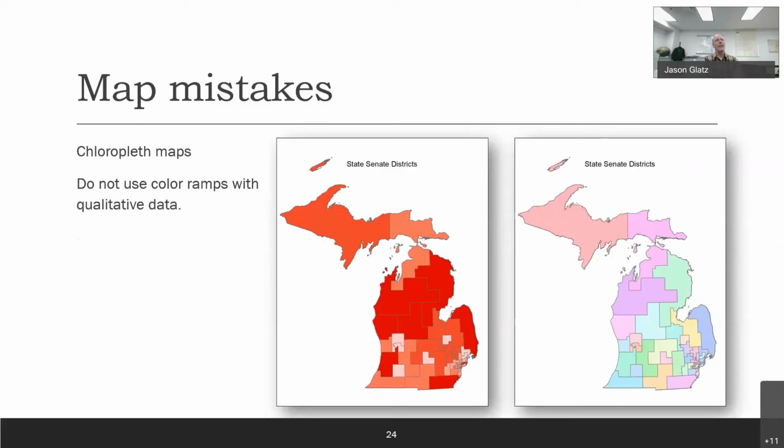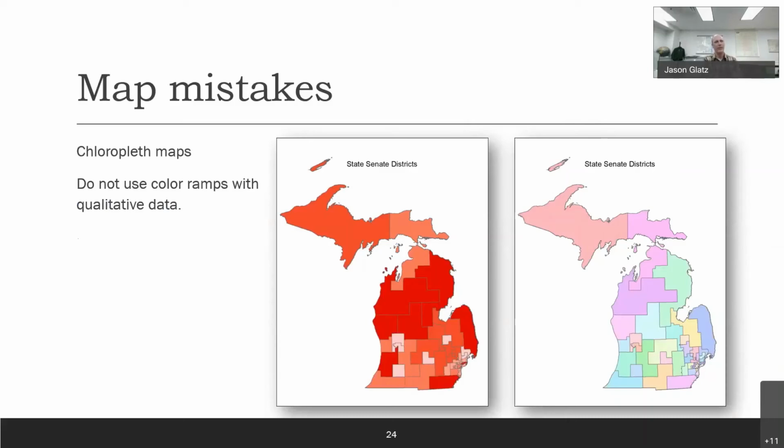Another common mistake is using a color ramp like we would associate with choropleth maps, where the darker the hue, the greater the intensity, on data that does not have a quantitative or numeric scale. That implies a relationship that really isn't there.